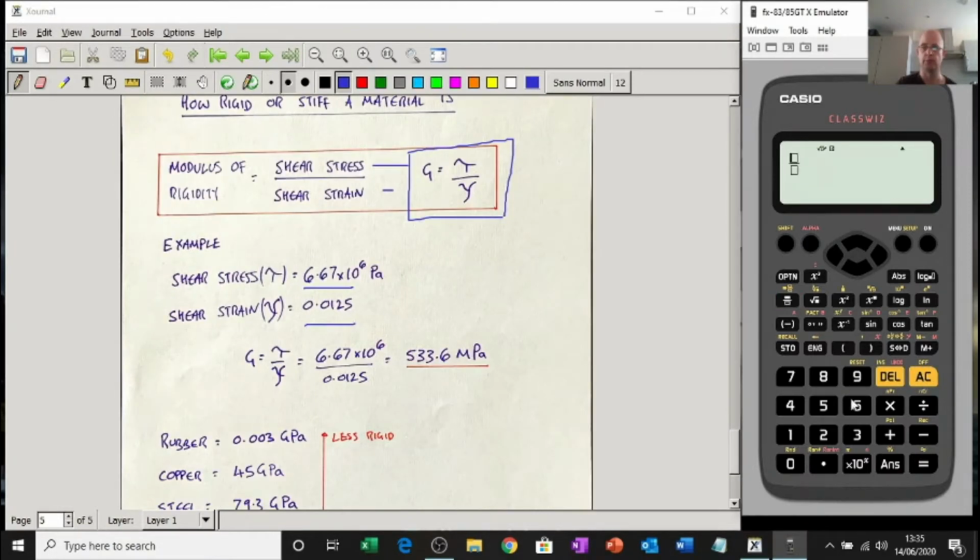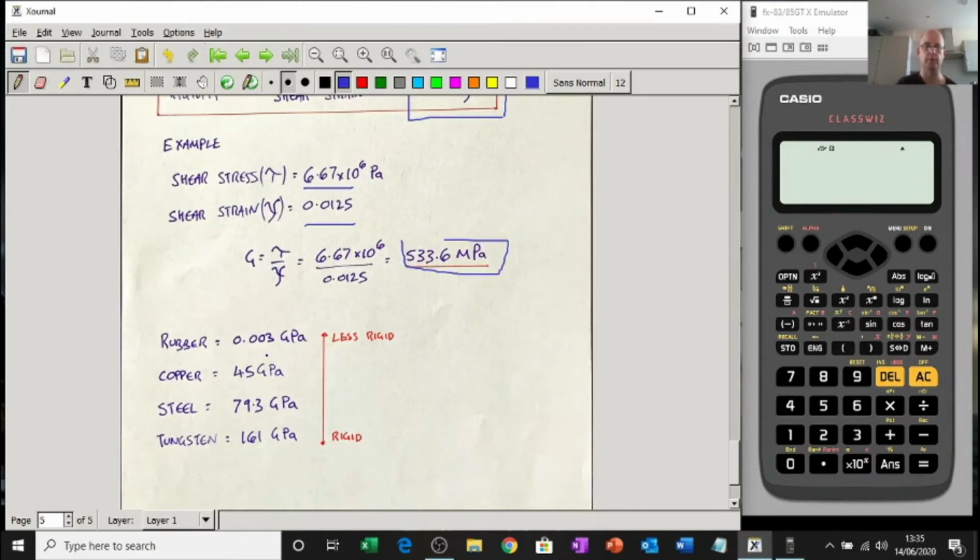We'll do 6.67 times 10 to the 6, divide that by 0.0125. That will give us 533.6 megapascals of modulus. So that gives us that.